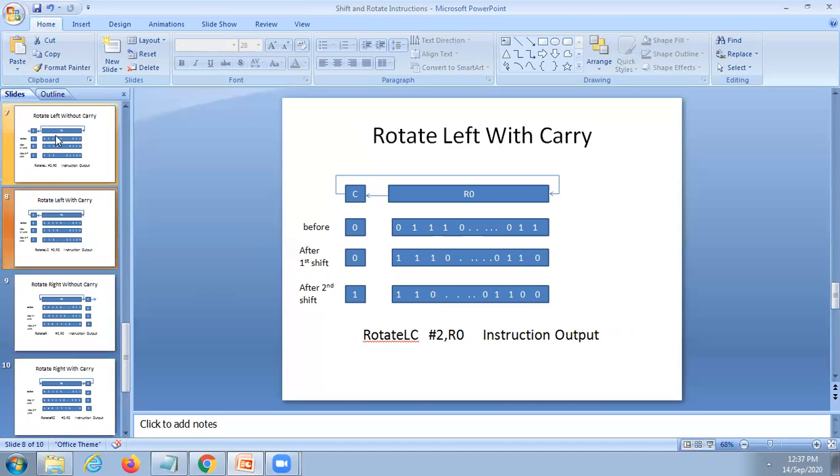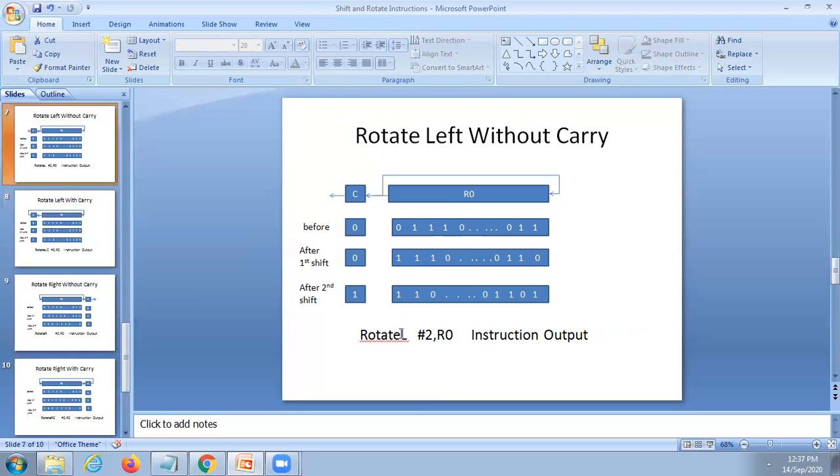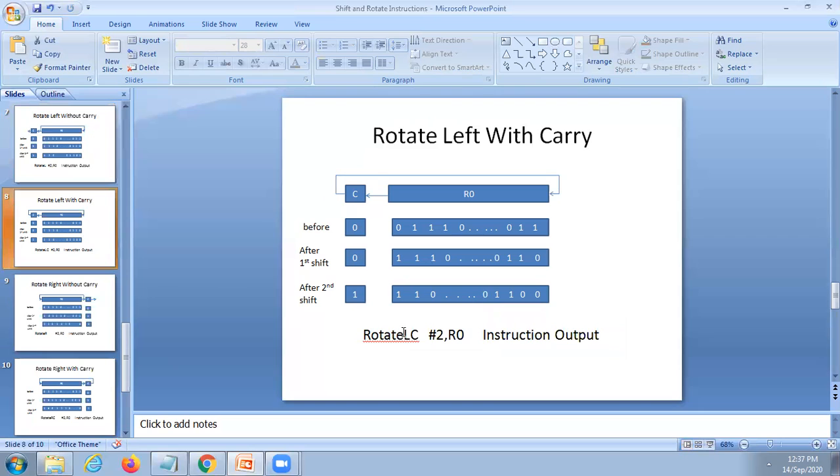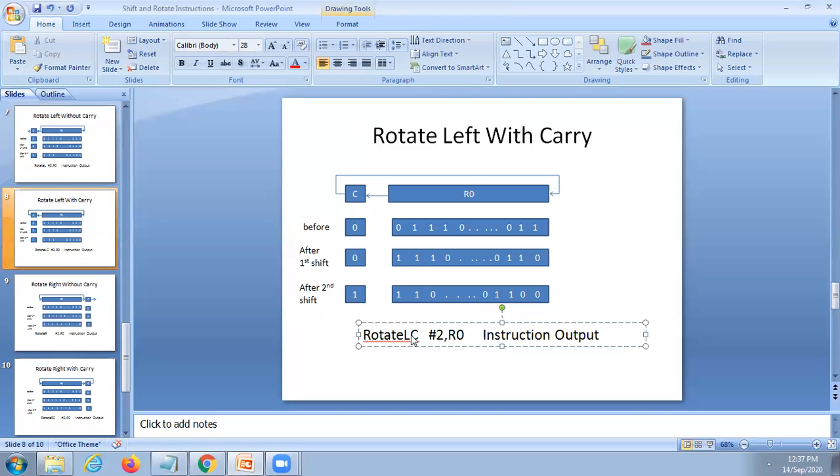Similarly, the instructions are: rotate L #2, R0. This is an immediate instruction. This is rotate left by 2 bits on the contents of R0. Similarly, this is rotate left with carry, C means carry, by 2 bits on the contents of R0.